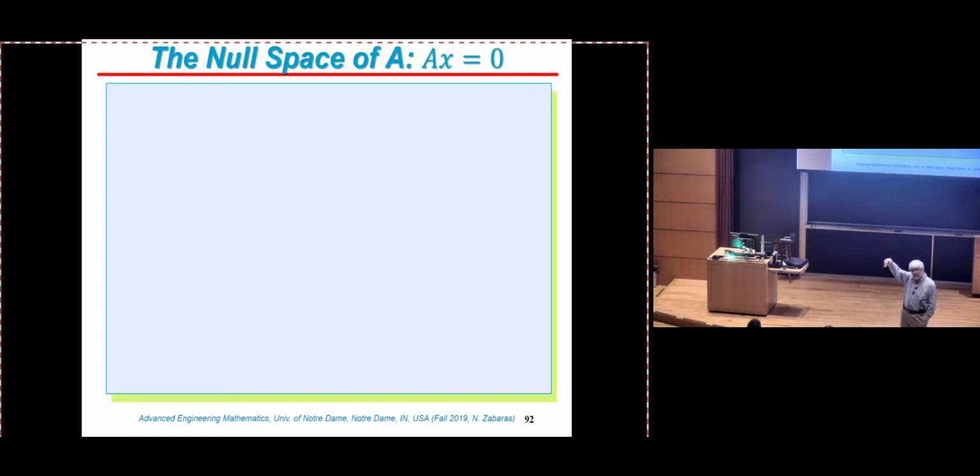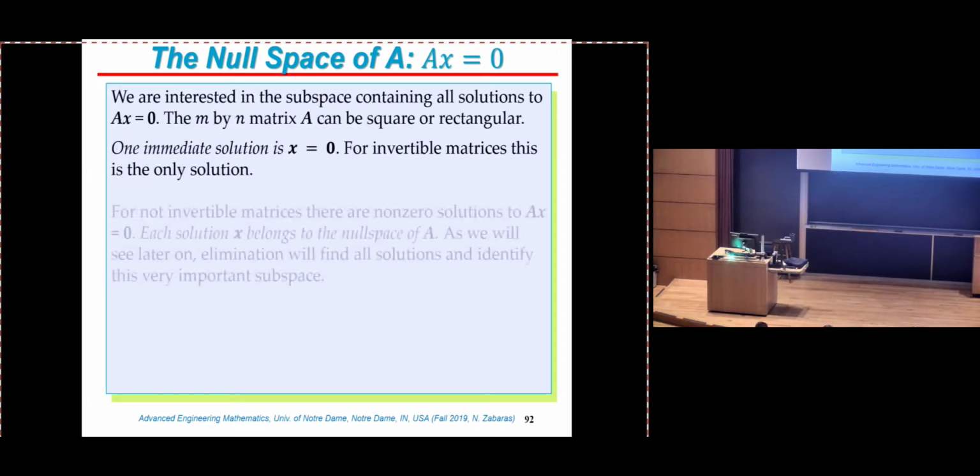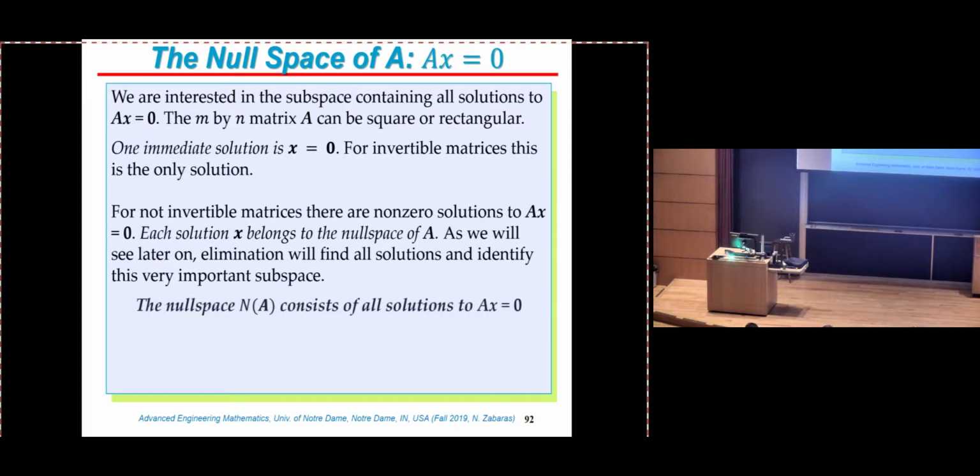You can see A times x, so x has dimension n, so the null space is a subspace of Rn. Okay? So remember the column space, columns, m, subspace of Rm. The null space, it's a subspace of Rn. Okay? And the notation we use for the null space is N of A.